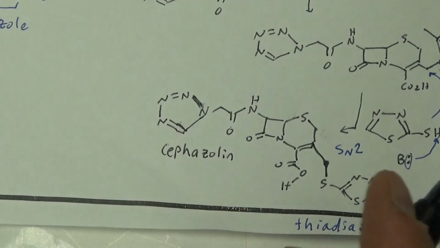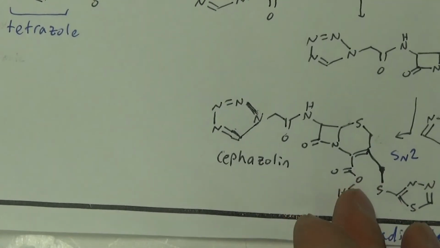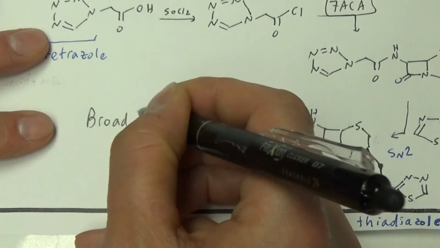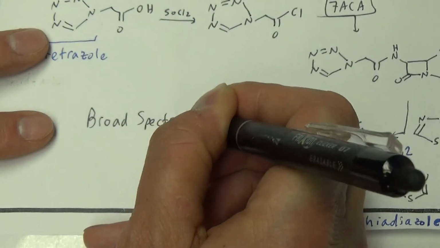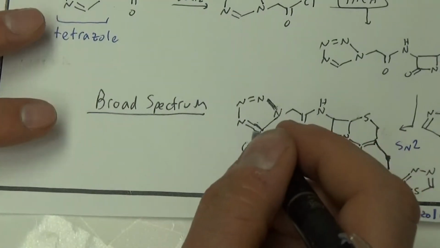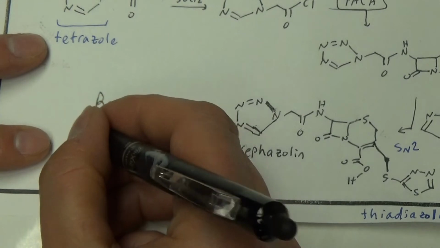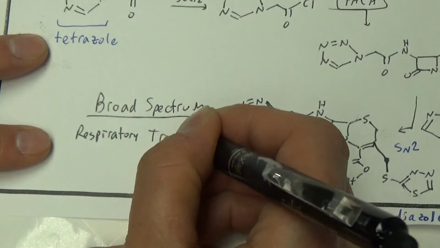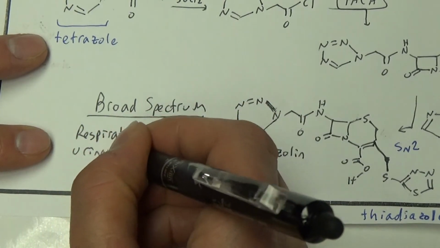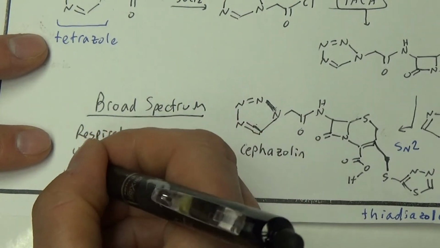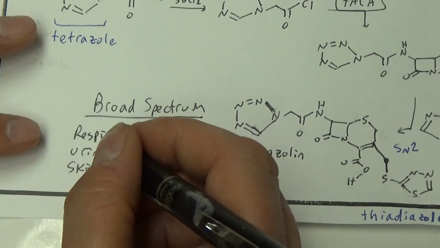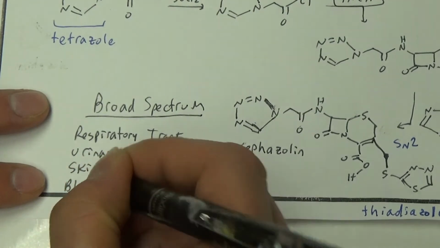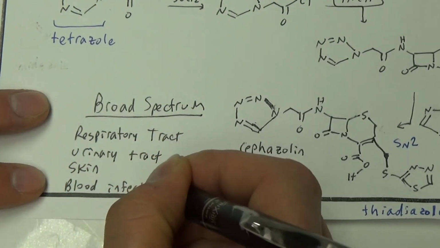Let's see. So this is a broad spectrum antibiotic, so it's active against both. Broad spectrum. It's used for a whole bunch of types of infections: respiratory tract, urinary tract, skin infections, blood infections, all sorts of things like that.